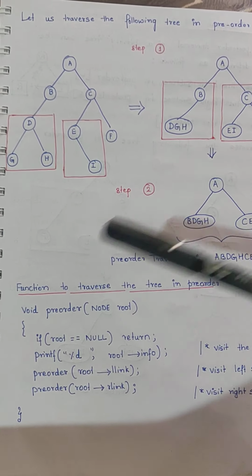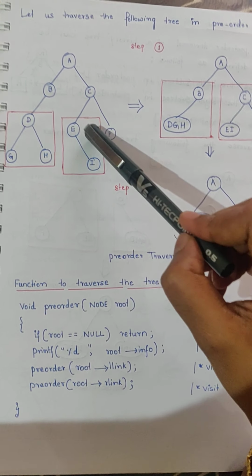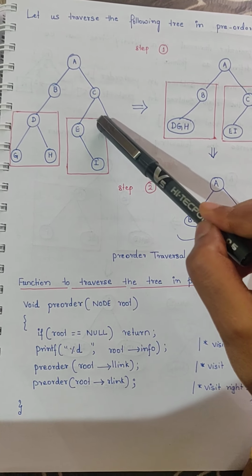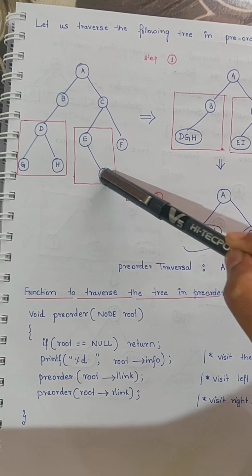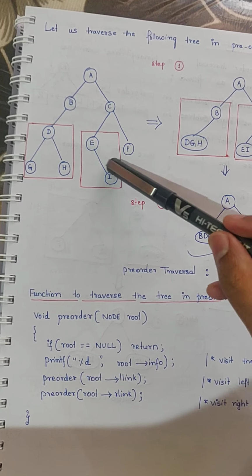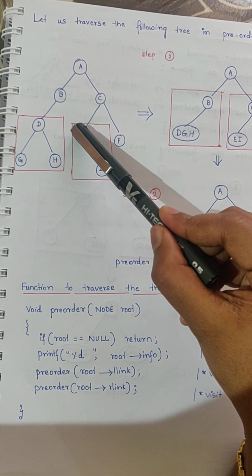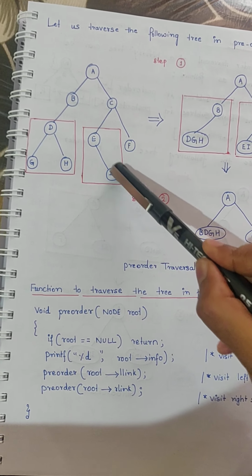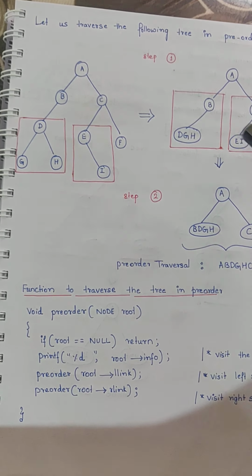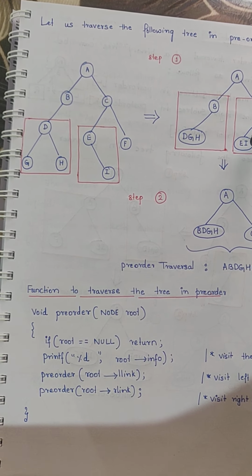That is one part. Okay, so let's go to the right hand side. On the right hand side, E is only having the right subtree, it is not having the left subtree. So first you are visiting the root node, no left subtree, so forget that. Directly you are coming to the right subtree. So here it will be E and I.